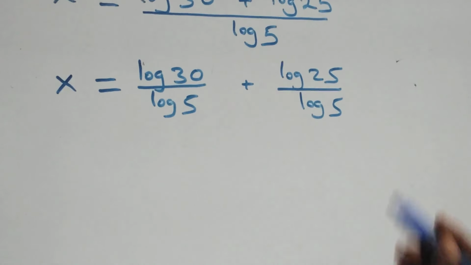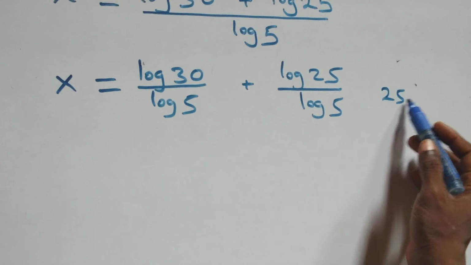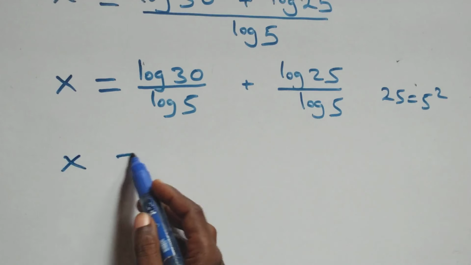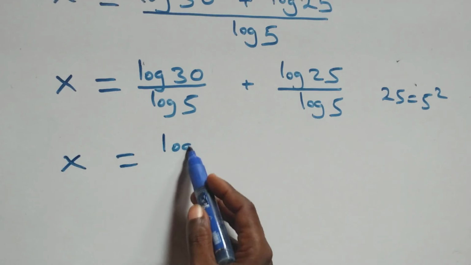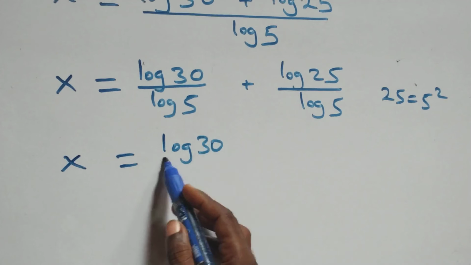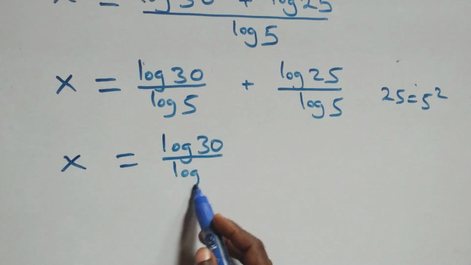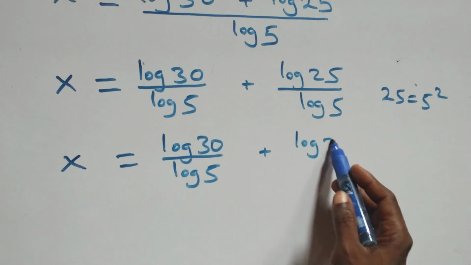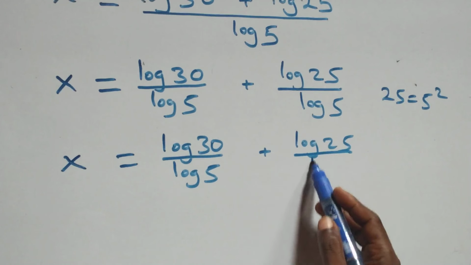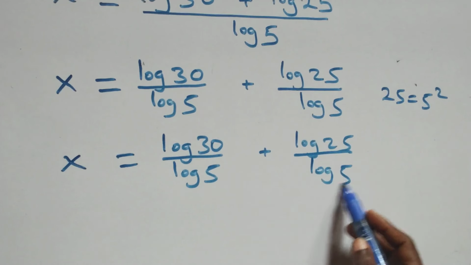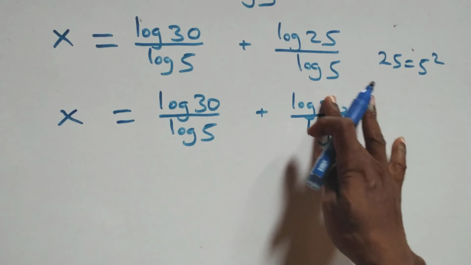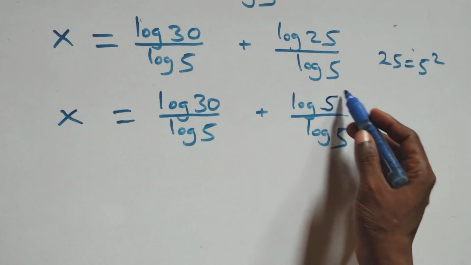Then from here, we can write 25 as 5 times 5, that's 5 squared. And we have x equals log 30 over log 5 plus log 25 over log 5, which is 5 squared here.